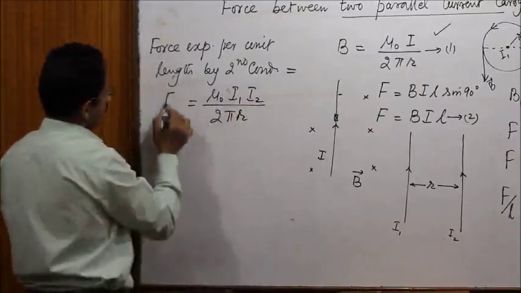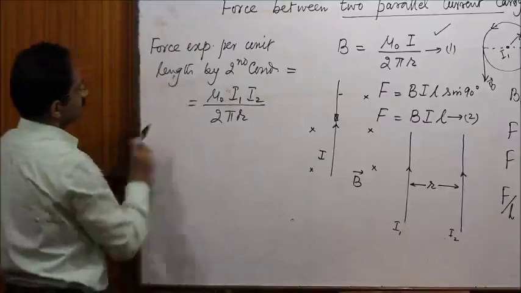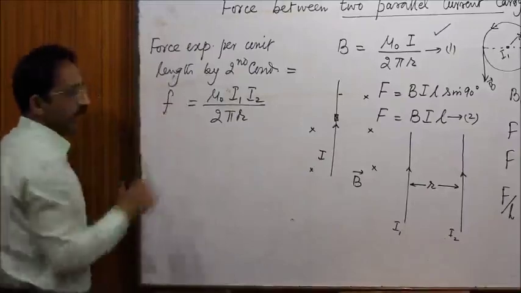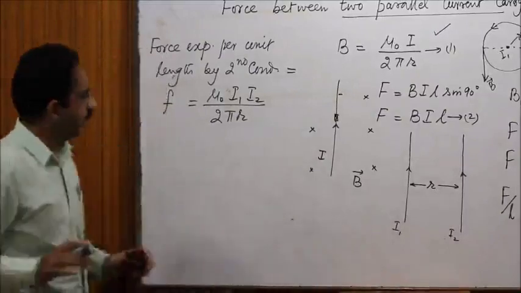So this is not now force, it is actually force per unit length. I denote it by small f because dimensionally its dimensional formula will be that of force divided by length.